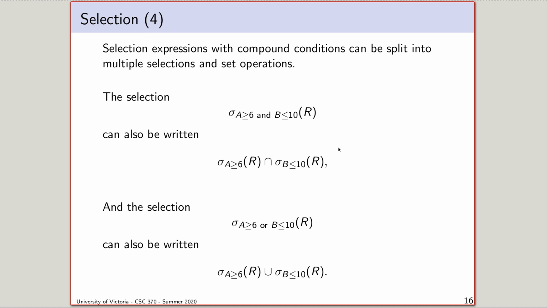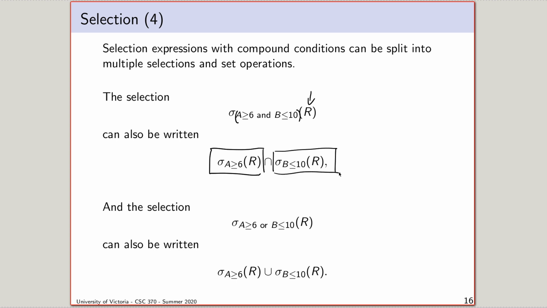So just to run through what I'm actually saying. This is the thing from the previous slide. This is, take everything out of R. If the tuple has both a greater than or equal to 6, so column A, and column B less than or equal to 10, then keep it, otherwise throw it away. What I want, therefore, is every tuple that has a greater than or equal to 6 and b less than or equal to 10. So what I could do is compute the set of all tuples where a is greater than or equal to 6, and the set of all tuples where b is less than or equal to 10.